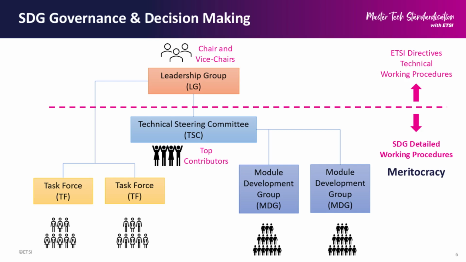The software is developed in module development groups, which are open to corporate and individual contributors, and led by a module development leader appointed by the TSC. Depending upon the size of the SDG and the amount of software developed, there will be more or less MDGs.